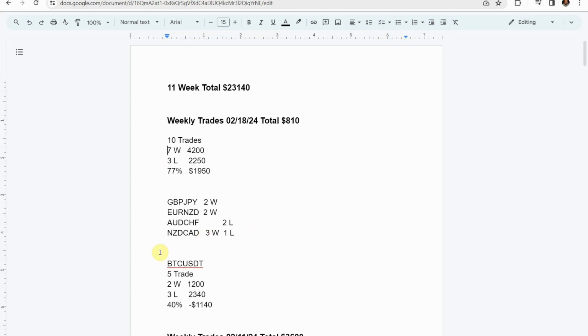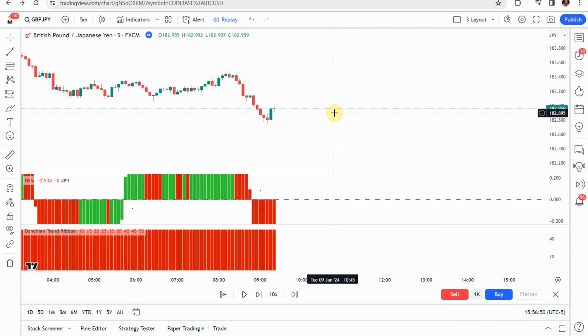On the crypto coin though, we had 5 trades, 2 winning trades, 3 losing trades, putting it at a 40% win rate. That would have been a drawdown of $1,140 for a total gain of $810 on the week. So now at 11 weeks total, we would have been at $23,140.